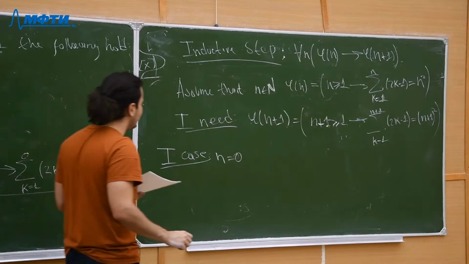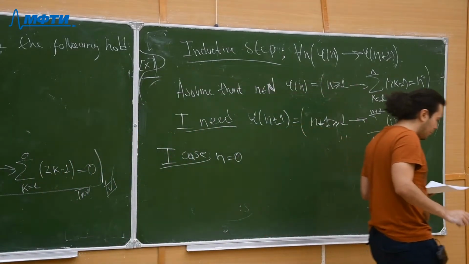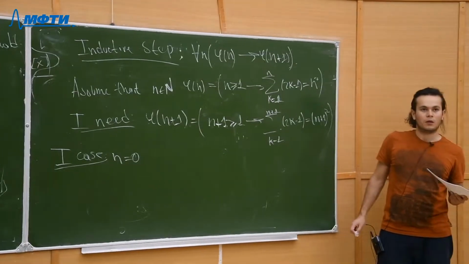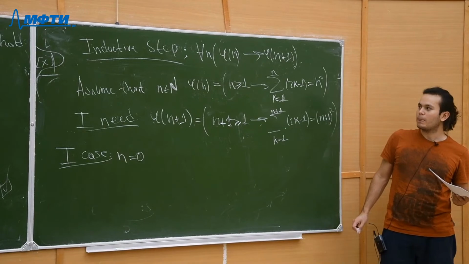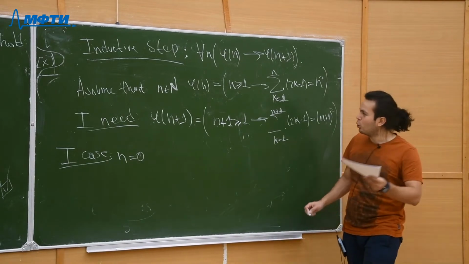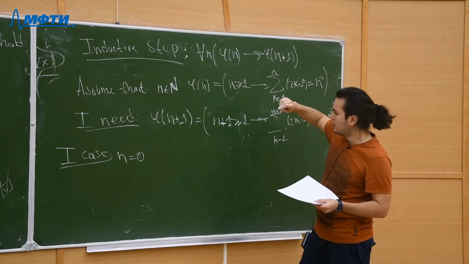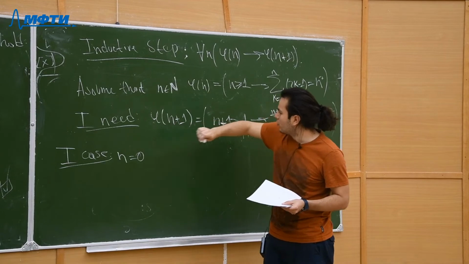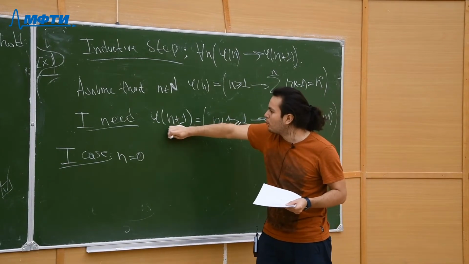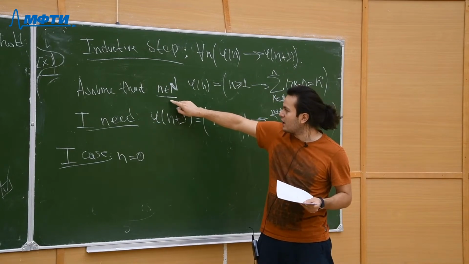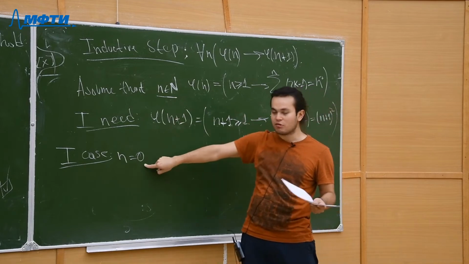In this case, can we apply the inductive hypothesis? No, look. So we have to check this for all possible n, and then I say that if n is natural, n can be 0, right?